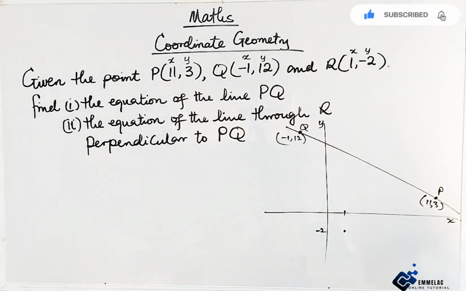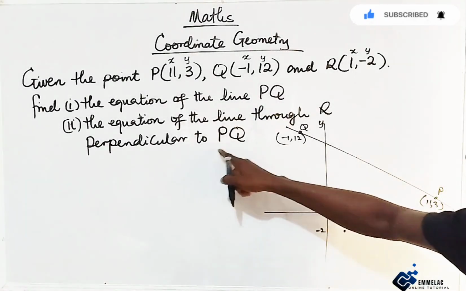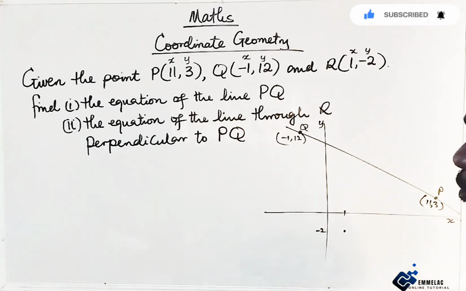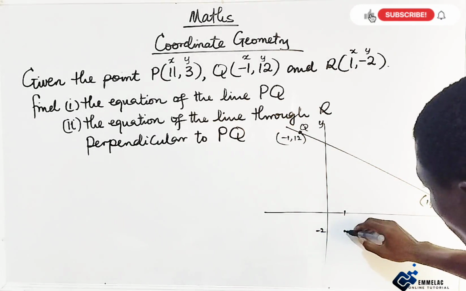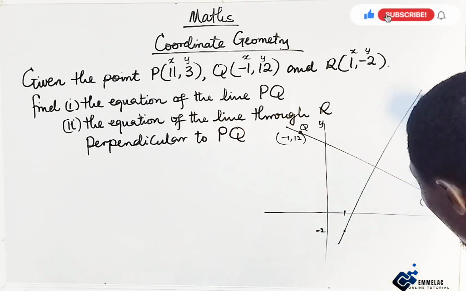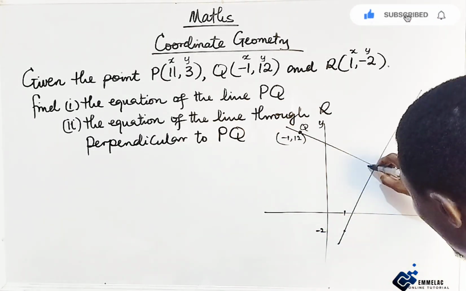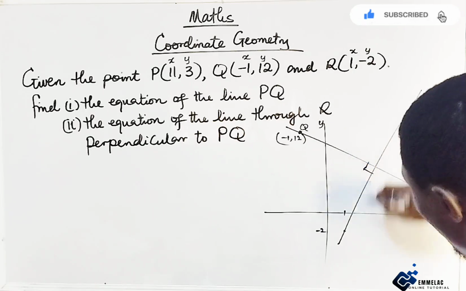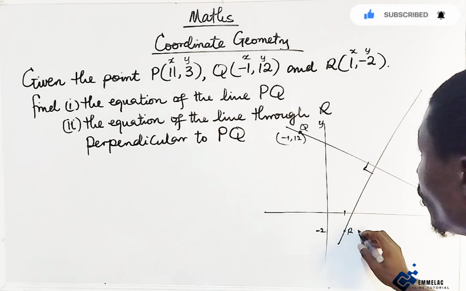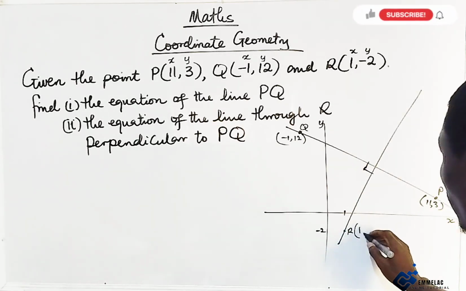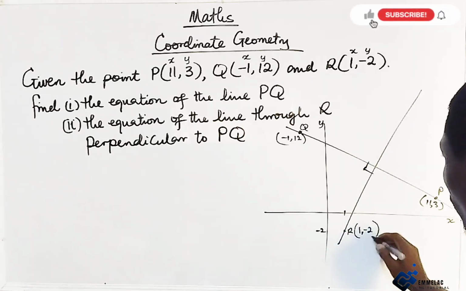And it's perpendicular to PQ, so perpendicular means 90 degrees. This is our R, with 1 and minus 2.